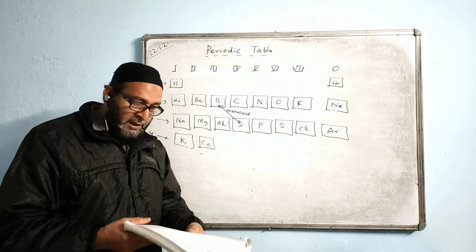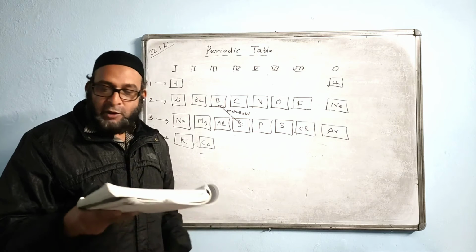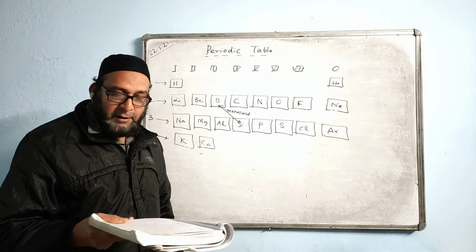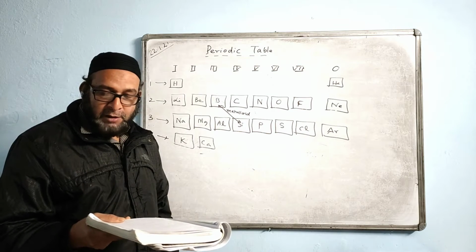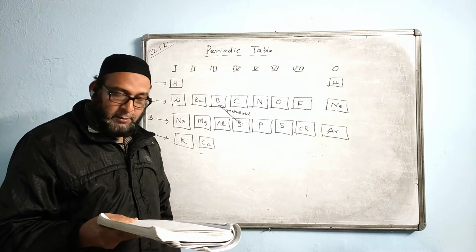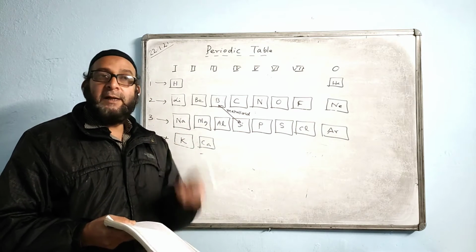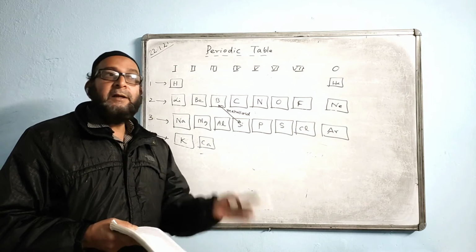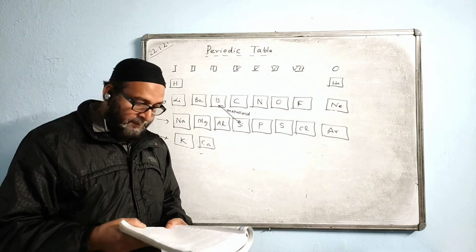The energy required to remove an electron from a neutral isolated gaseous atom and convert it into a positively charged gaseous ion is called electron affinity, ionization potential, or electronegativity. What do you call it? The energy required to remove. Tendency is electronegativity. Energy required will be ionization potential. And energy released will be electron affinity. So this will be ionization potential.